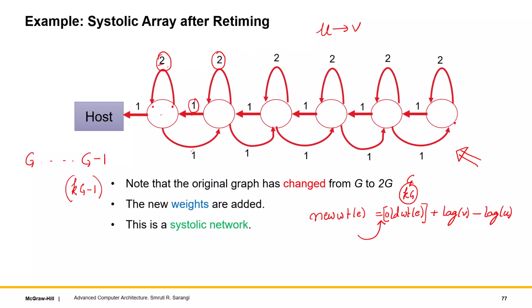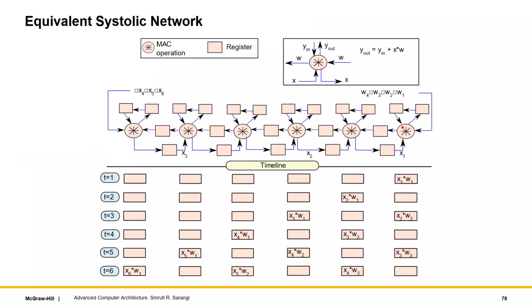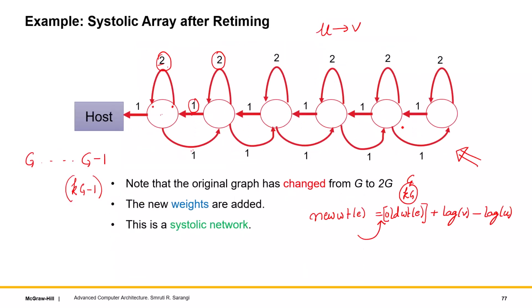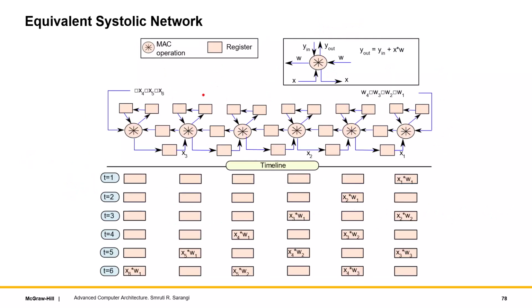So this ensured, given our retiming lemma and the theorem that we proved, that the edge weights are all greater than or equal to 1. This makes it a systolic network. So if I were to realize this network, just see this and just see this, you will see both are equivalent.